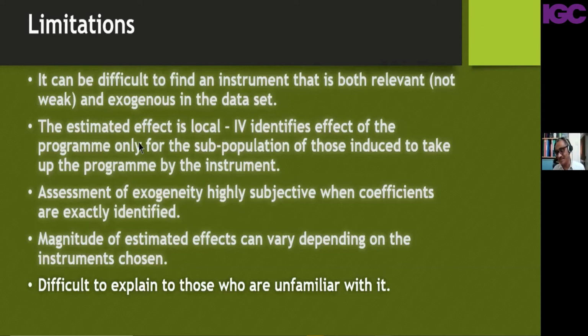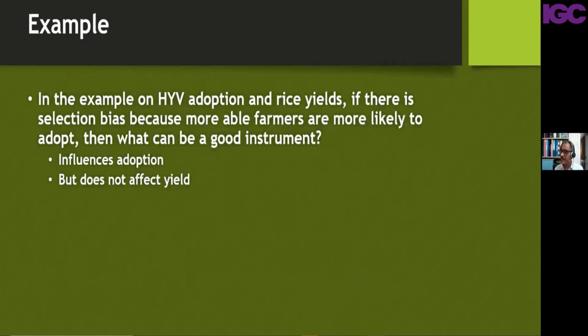So let us go now back to the question in our example where we talked about high yielding variety adoption and rice yields. What can possibly be an instrument? This is a variable which should be available in your data set. So you want an instrument which influences adoption but does not affect yield.